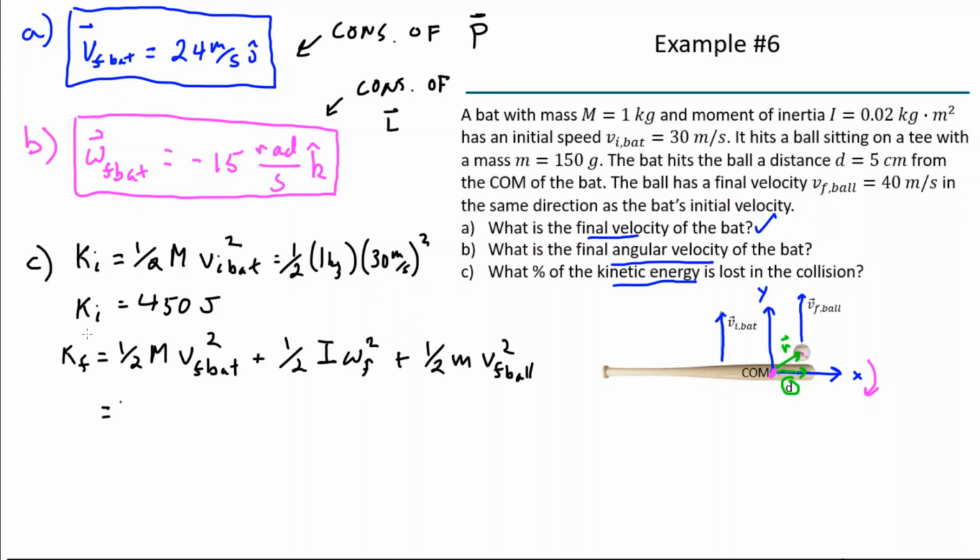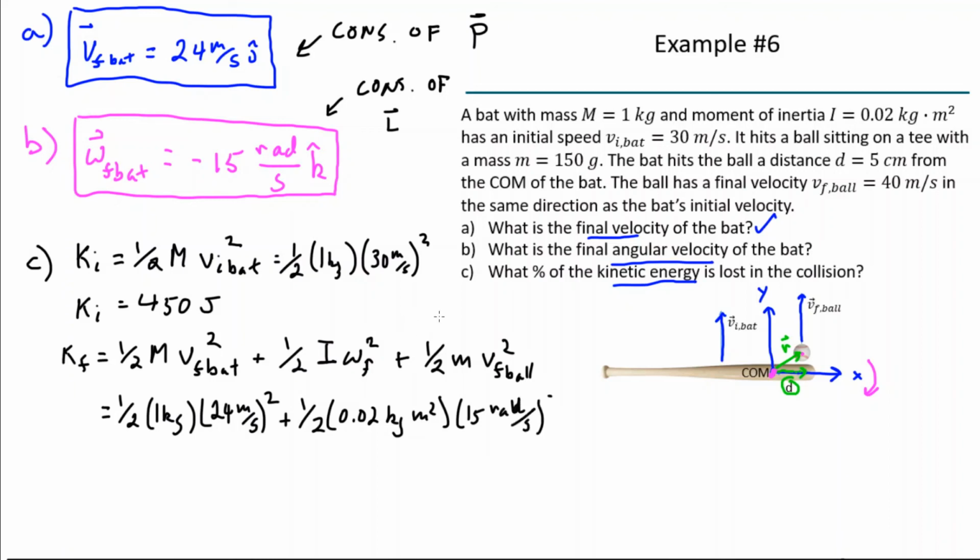Plug in my numbers. 1/2 of 1 kilogram times 24 meters per second squared plus 1/2 of 0.02 kilogram meters squared times 15 radians per second squared plus 1/2 of 0.15 kilograms times 40 meters per second squared.